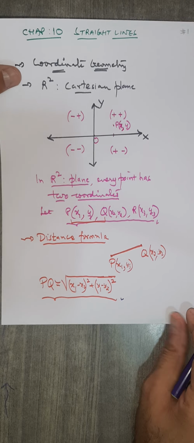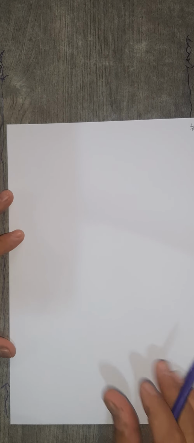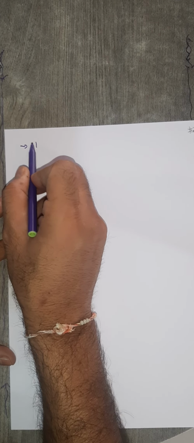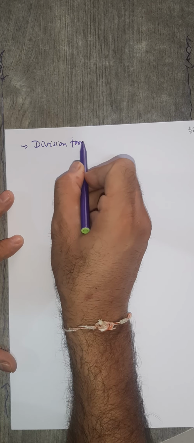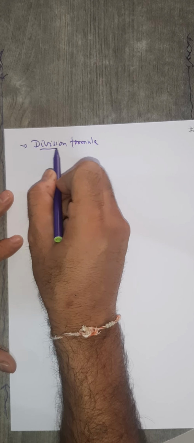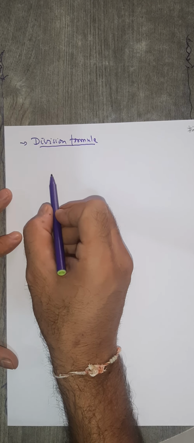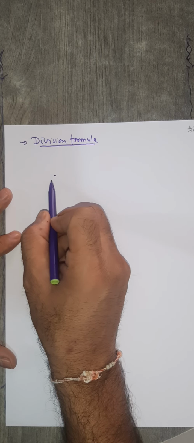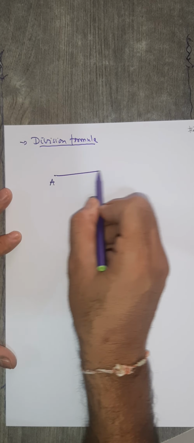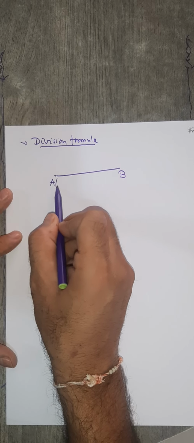Even that's called as sometimes division or segment formula. Division formula or segment formula. What is the division formula? You are given a line segment here. Let's take A, B. This is a given line segment.